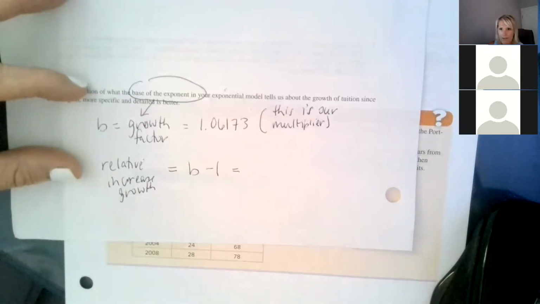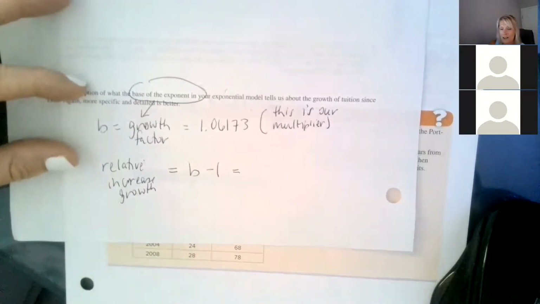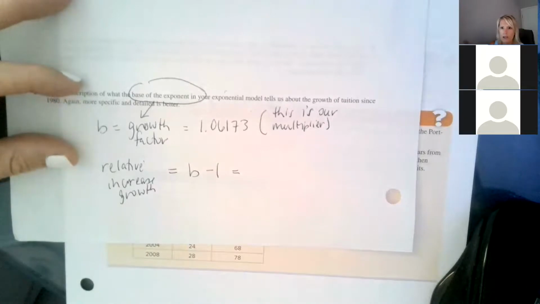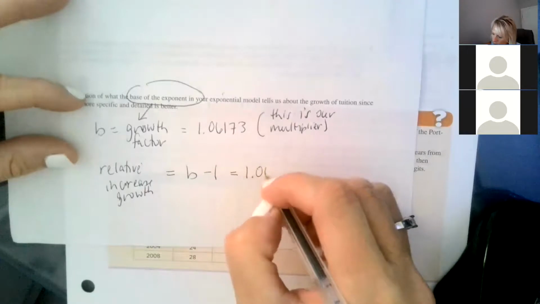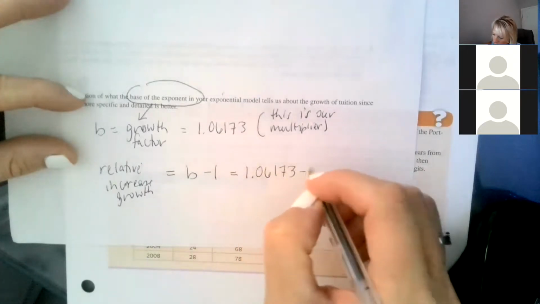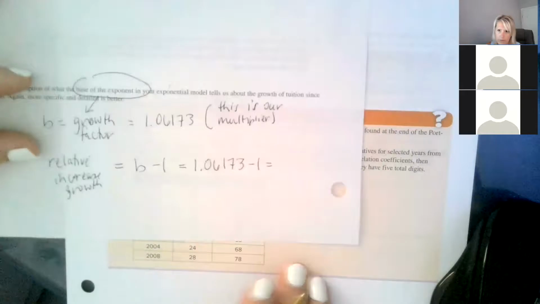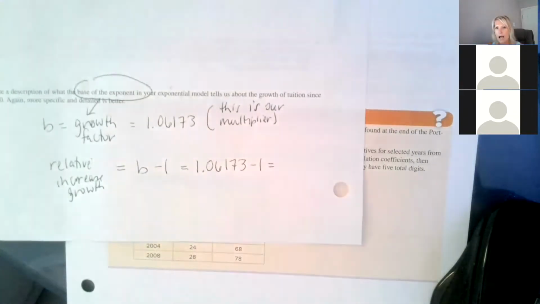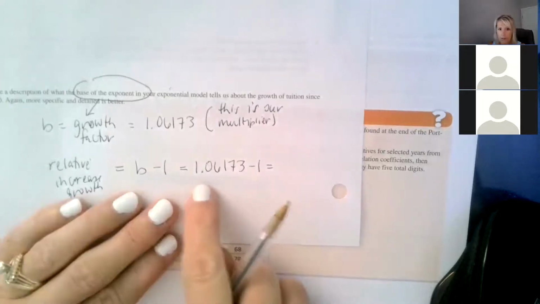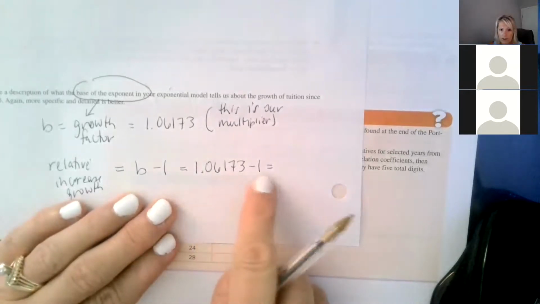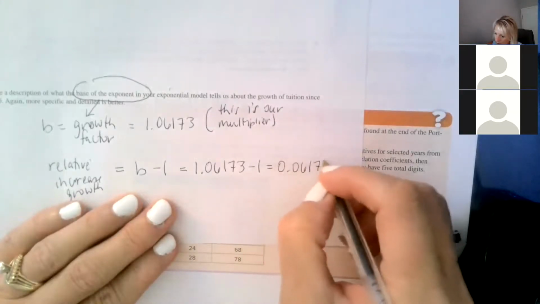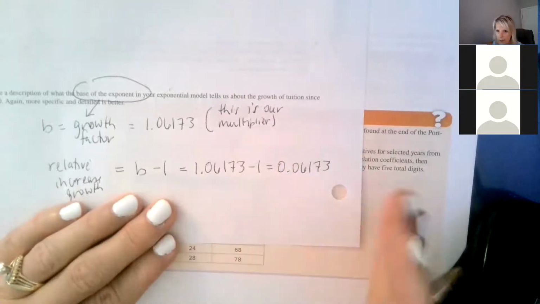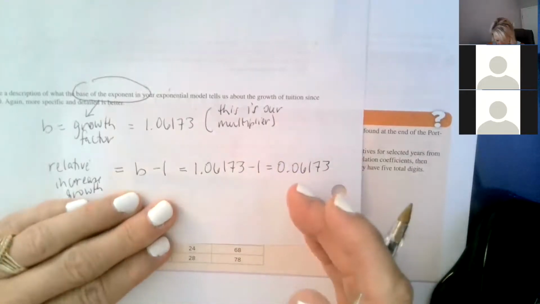If it comes out negative, it means you actually have decay, and you should see that in your graph. So your graph should give you some indication. So I'm going to take my B, which is 1.06173, and subtract 1. And if you're like, oh gosh, I've eyeballed it and I keep messing it up, just type it in your calculator. 1.06173 minus 1. You have left 0.06173 multiplied by 100 to put it into percent form, right?